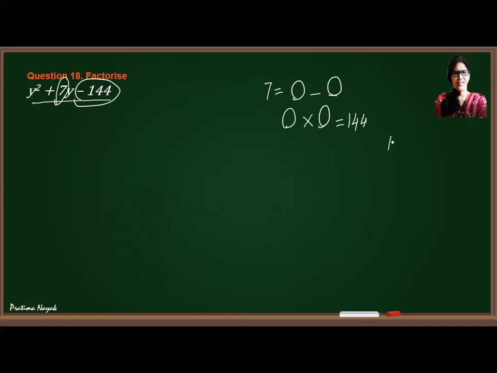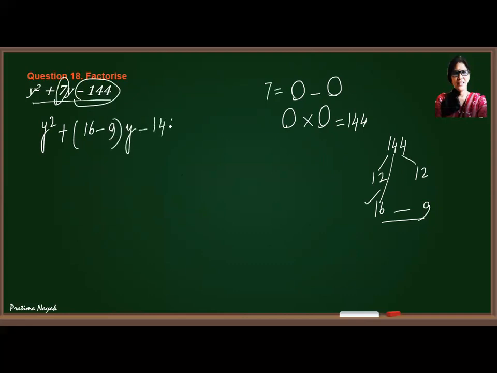Okay, so 144, what are the factors? One is 12 12, no. One is 16 9, 16 minus 9 is 7, yes. So I got it very quickly. So you will write y square, you will split 7 as 16 minus 9, y minus 144.